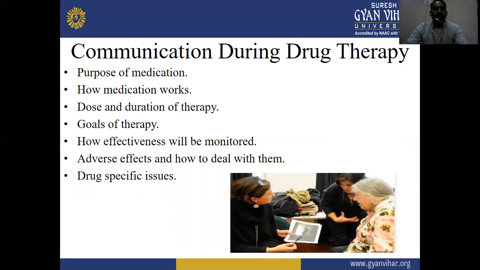And next one, dose and duration of therapy, goals of therapy, and how effectiveness will be monitored during drug therapy. And next one, adverse effects and how to deal with them. And next one, drug specific issues. Those are the communication skills during drug therapy.